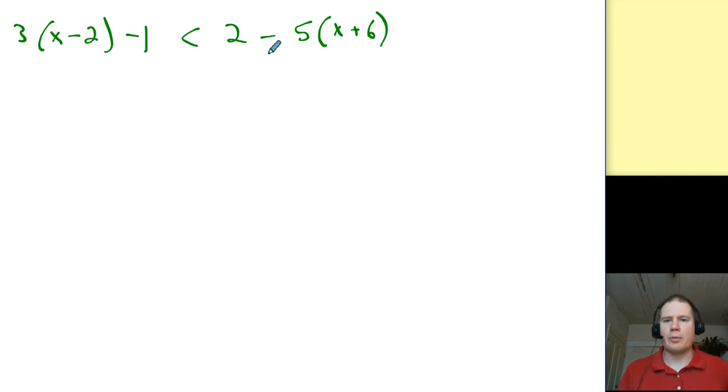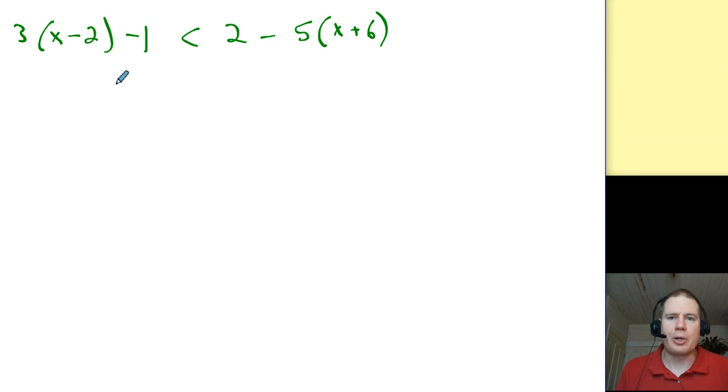All right, so we've got parentheses in here. We've got a lot going on here. Well, to solve this, and we are solving, we have a statement here with an inequality symbol in between. We're not just simplifying, we're trying to find out which values of x will make this statement true.